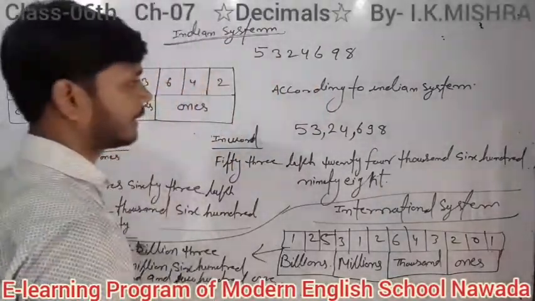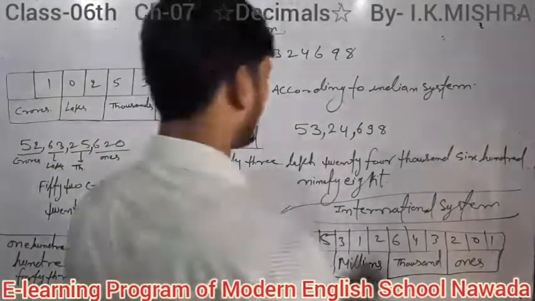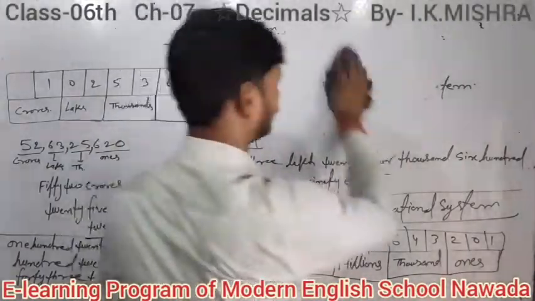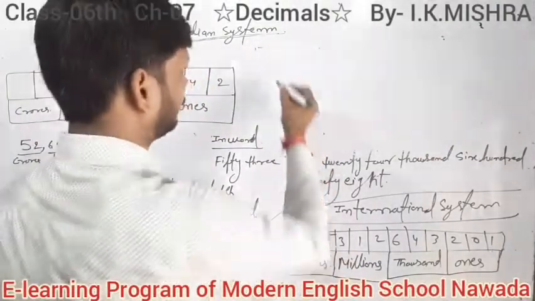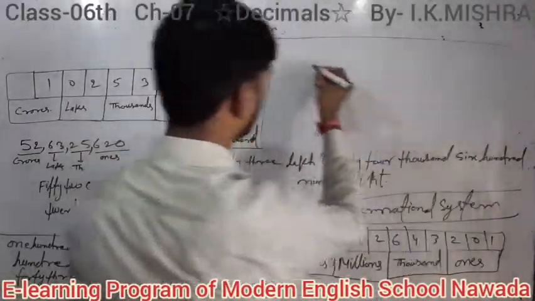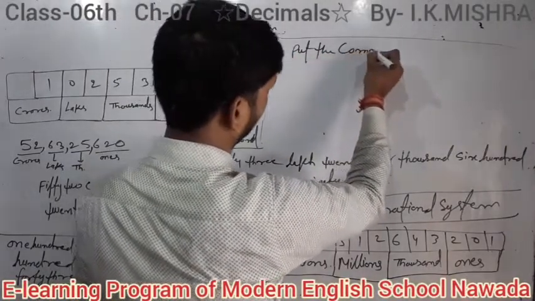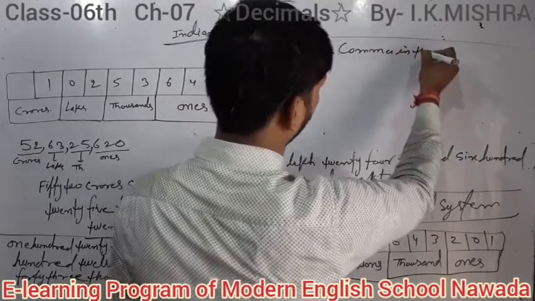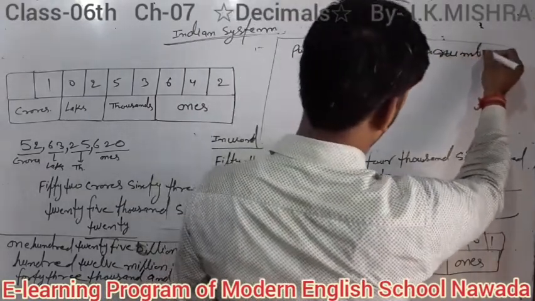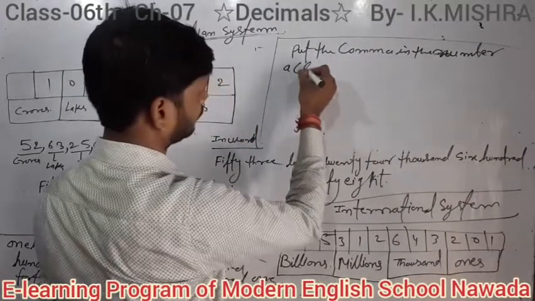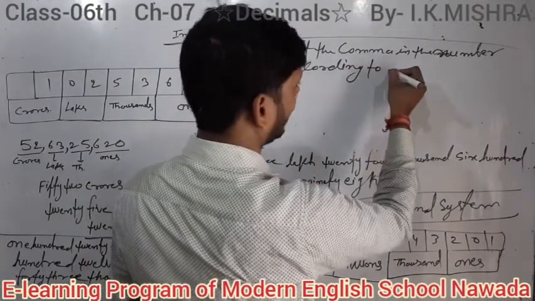Suppose here I write a question: put the comma in the number according to the international system.